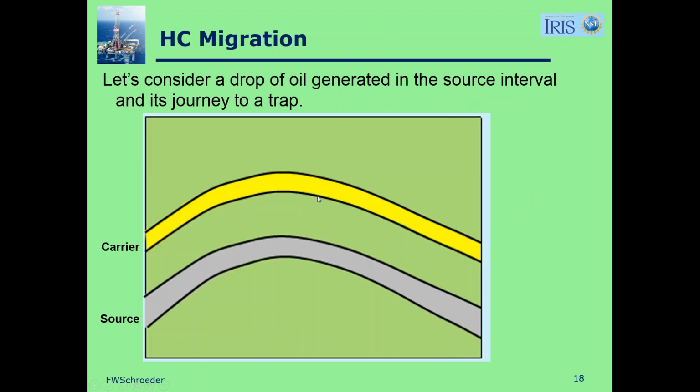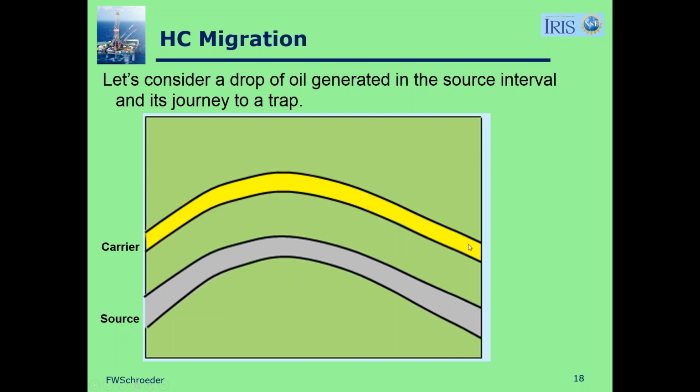Hydrocarbon migration, I think I talked about this a little bit earlier in this series. Again, you can go to the first series of 34 lectures, and there's material on hydrocarbon migration there. The migration process is controlled by buoyancy. I have a little diagram of a cross-section.